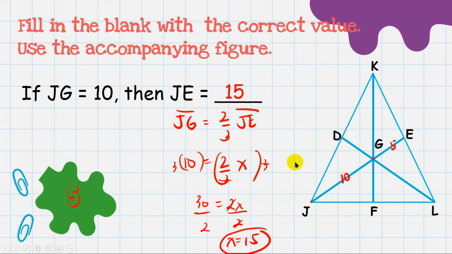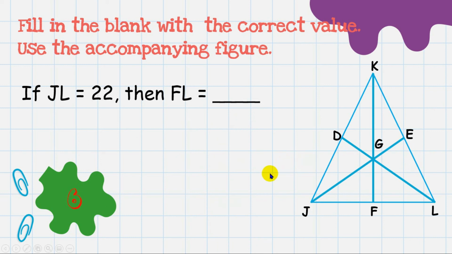Okay? Number 6. Again, tingnan maigi yung given. If line segment JL is 22, then FL is equals to blank. Alin ba yung JL? J to L. So, yung JL na yan ay side. Okay? Side.